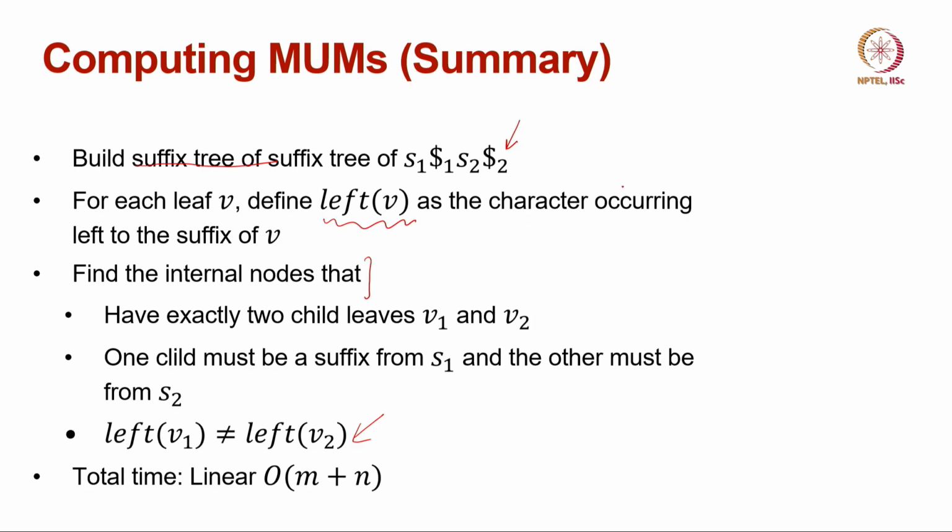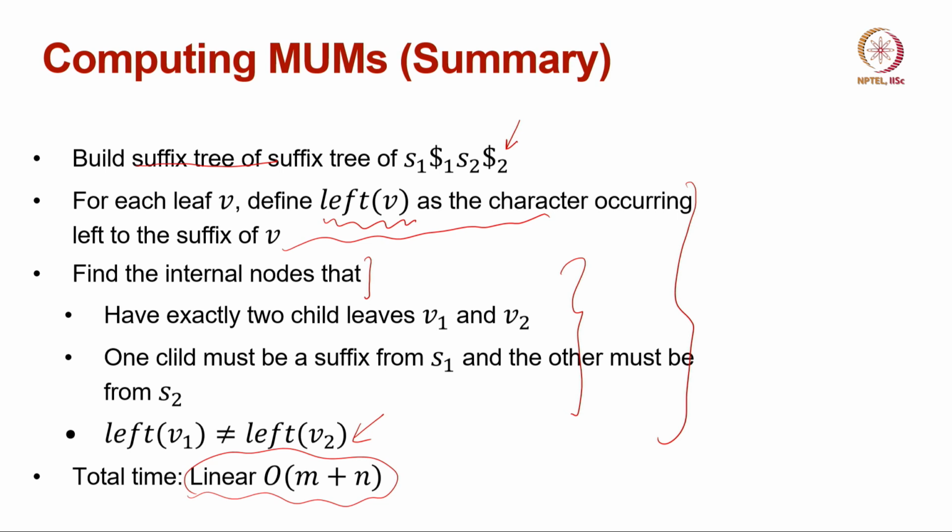and all these operations can be done in linear time, because all we are doing is parsing the leaf nodes and then using any traversal of the tree we can check for these properties and compute the entire set of maximal unique matches in order m plus n time, that is, the length of both sequences.